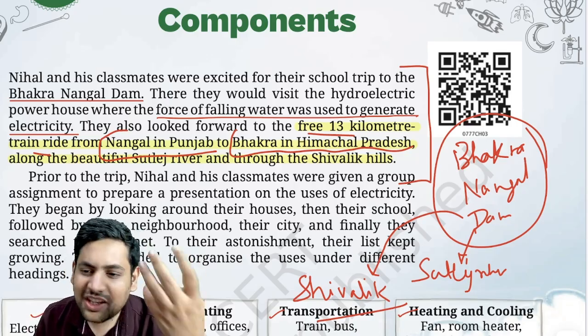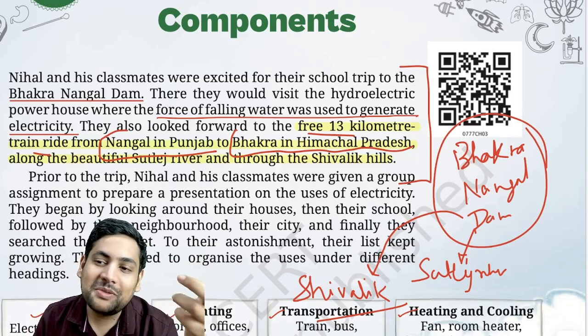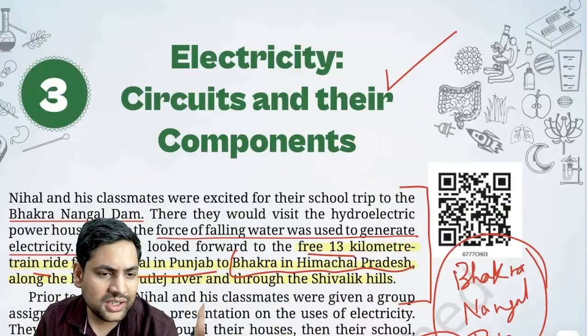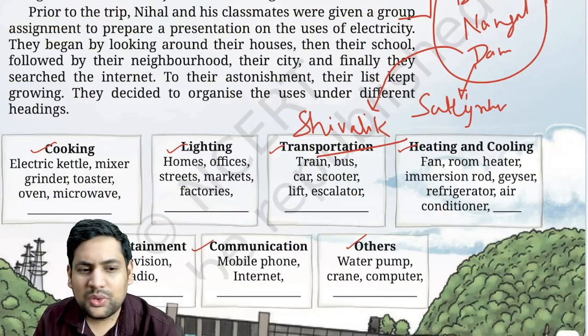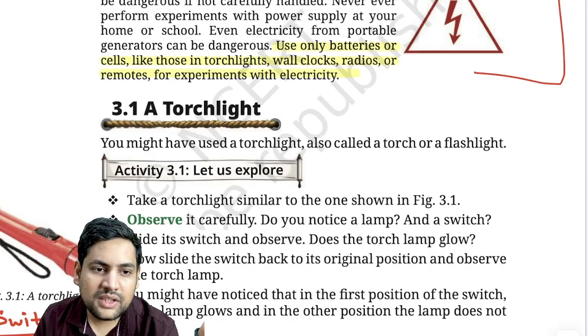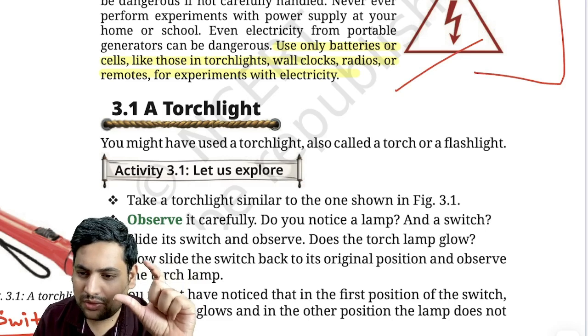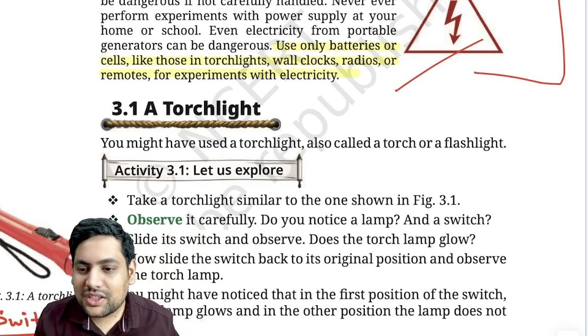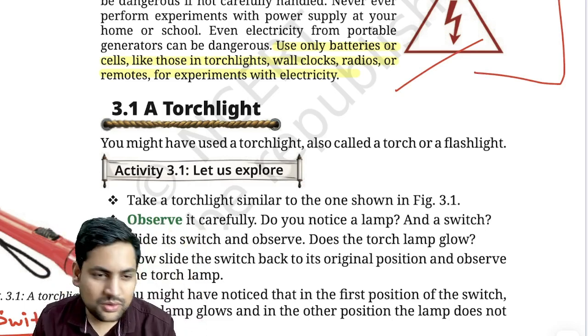Then the chapter is much more different, which is about electricity. Now, electricity, where do you use it? All these places, all fine. Now, it says that in this chapter we'll mainly focus on using batteries or cells only instead of using the socket, because that can be dangerous for children, for you also.